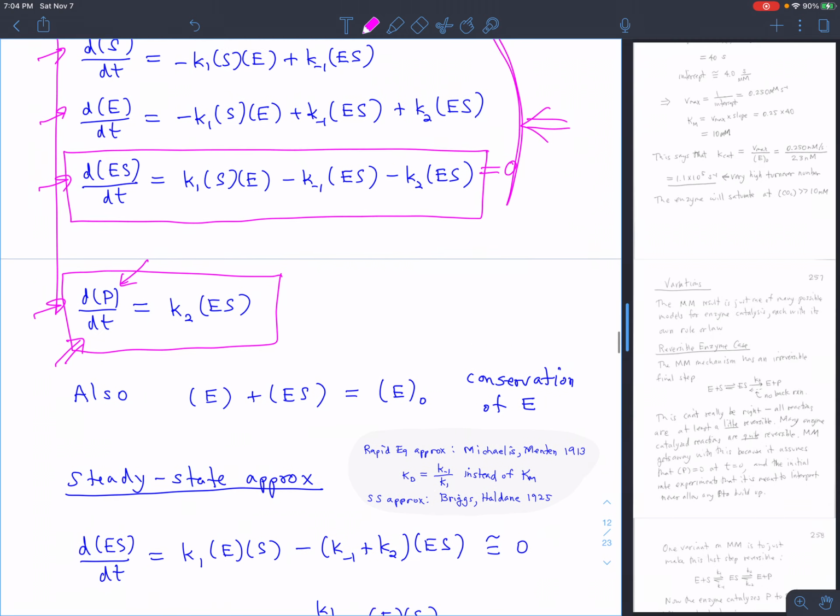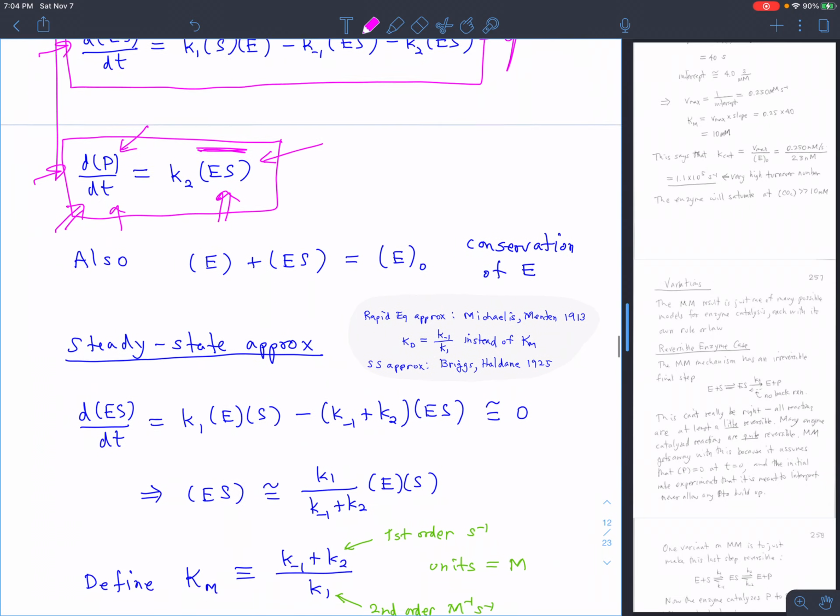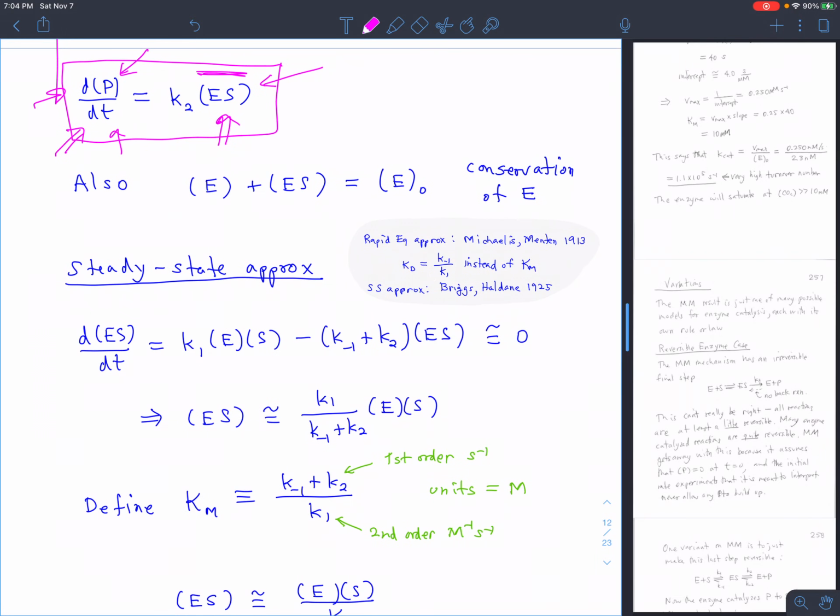Notice, however, that the rate at which P is produced depends on this intermediate, the enzyme-substrate complex. And like always, when we have intermediates present, we're going to want to eliminate that from our overall rate law for the enzyme-catalyzed reaction. So we've got to get rid of this ES. We're going to use the steady-state approximation. We also have one extra piece of information.